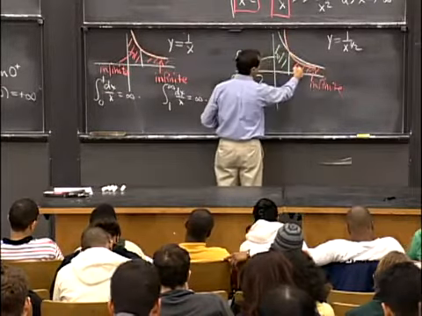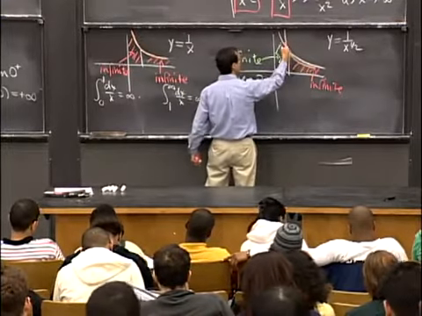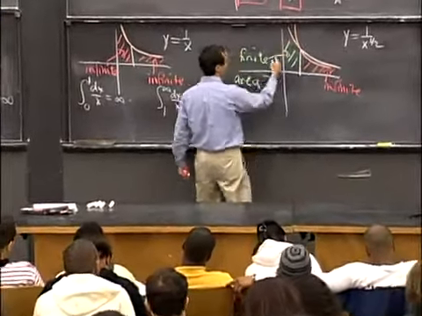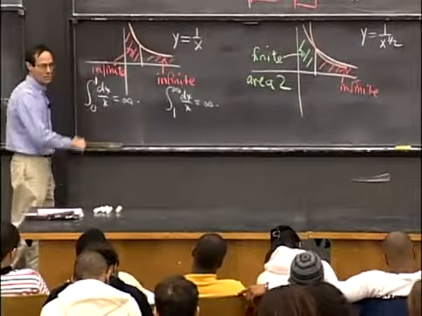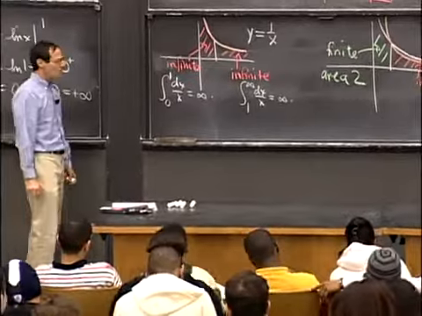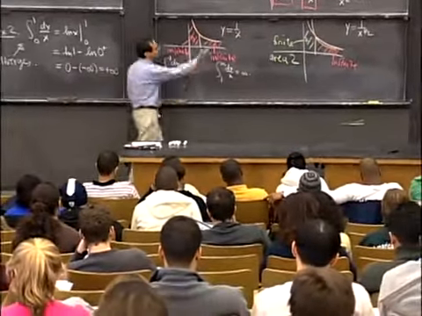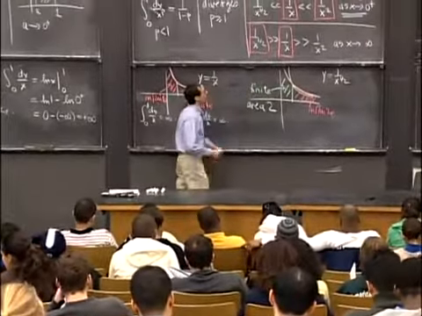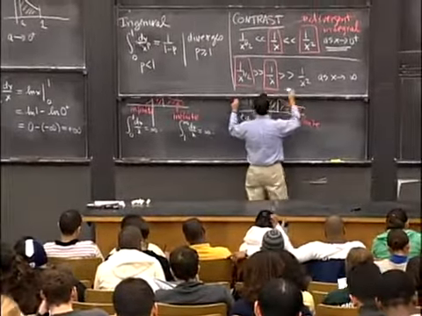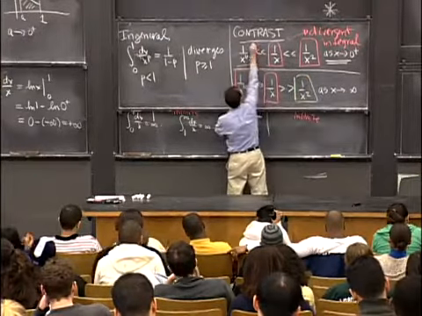And underneath the orange is still infinite. So both of these are infinite. On here, on the other hand, underneath the orange is infinite, but underneath the green is finite. That's a smaller quantity. Infinity is a lot bigger than 2. 2 is a lot less than infinity. So that's reflected in these comparisons here. If I do these in green, this guy is good, and this guy is good.